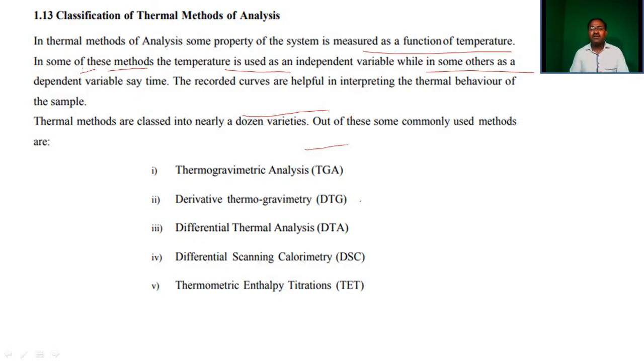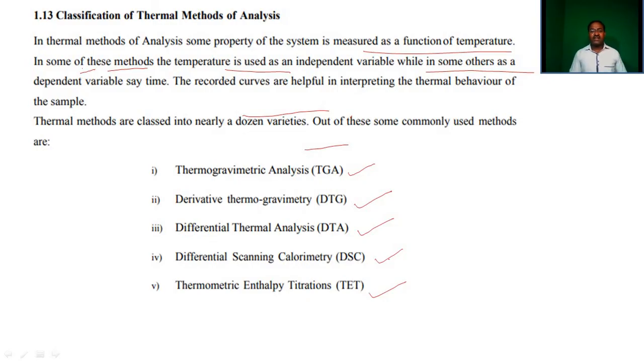Some commonly used techniques are mentioned here: thermogravimetric analysis, derivative thermogravimetry, differential thermal analysis, differential scanning calorimetry, and thermometric enthalpy titration.